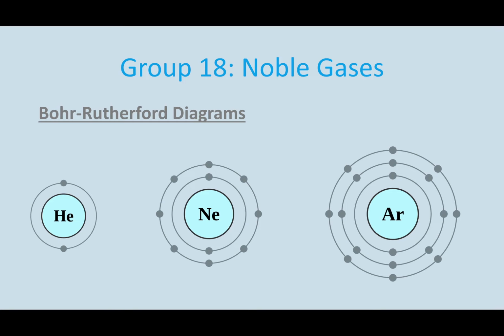The elements, they want that outer shell to be full. And in this case, all the outer shells of noble gases are always going to be full. Helium with 2, neon with 8, argon with 8, radon with 8, xenon with 8 in that outermost shell. So their outermost shell is always full. So it doesn't need to react with anything, or it doesn't want to react with anything.